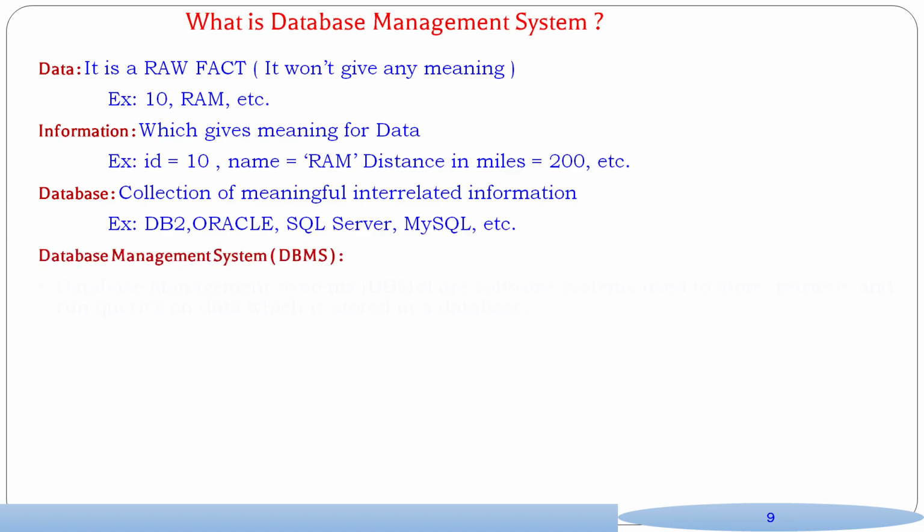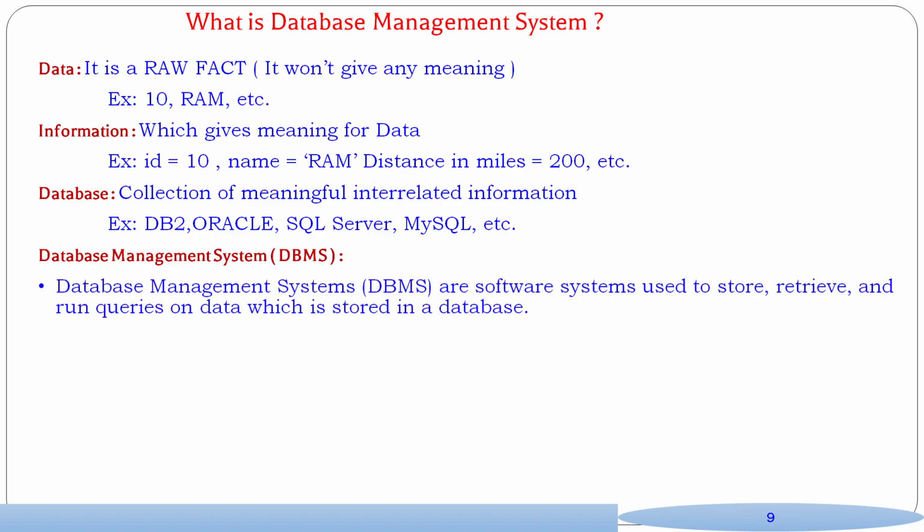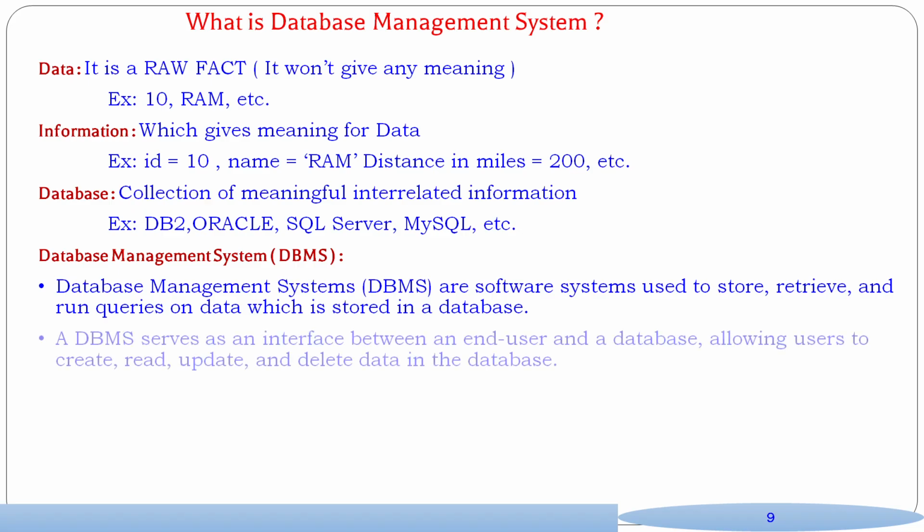And a database management system is software used to store, retrieve, and run queries on data stored in a database. It is mainly used for storing the data, and whenever we need data, we can retrieve it from the database in the form of queries. That is DBMS.